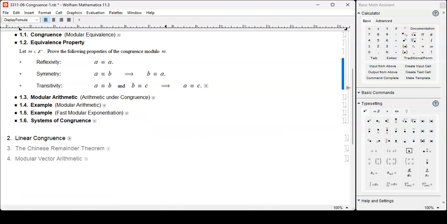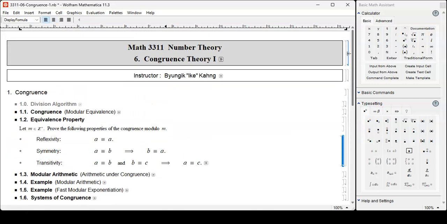So the congruence is an equivalence relation, and if you know the general theory of equivalence, then you will remember the equivalence classes and quotient set.